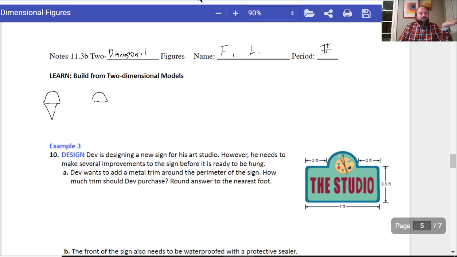So an ice cream cone is a semicircle plus a triangle. Maybe in a house or a room, we have an L-shaped room. Well, we could cut it, and then that's equal to two different shapes added together.